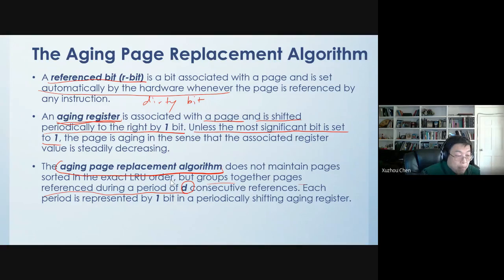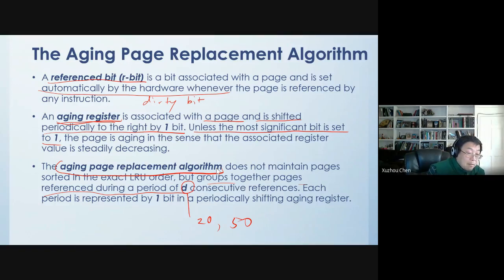We only update the order periodically after D consecutive references. Now, what is D? D could be 20, could be 50. That means within 20 page references, we don't update the queue, and only after we reach number 20, we update the queue.